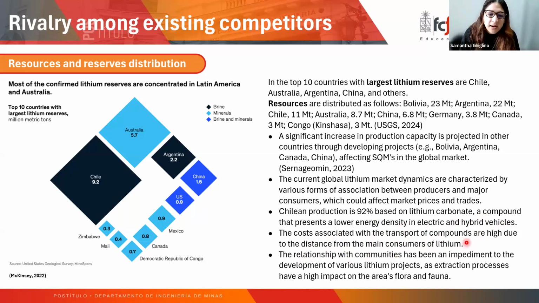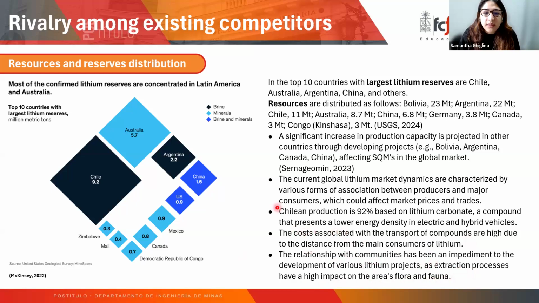Argentina and Bolivia have really similar conditions in this regard, but Australia, the other important producer in the world, has better transport conditions than we do. The relationship with communities has been an impediment to developing lithium projects. Extraction processes have high impacts on the area's flora and fauna, because lithium is extracted from brines. So this has also been an important factor.